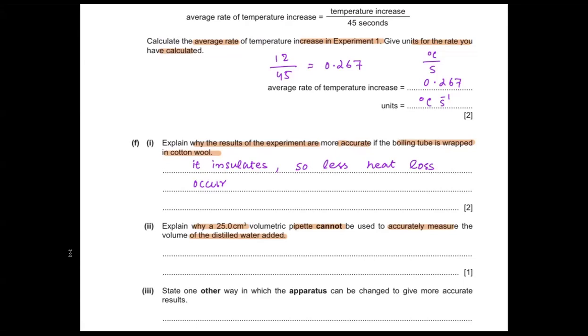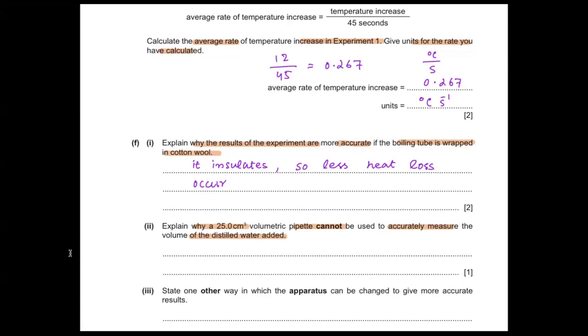We can't measure 1 cm³, 2 cm³, or any other volume from the pipette, just 25 cm³, isn't it? Yes. And here we have to record 2 cm³, then 4 cm³, then measure 6 cm³. We need different volumes to be measured, right? Yes. Is this clear? Yes, sir.